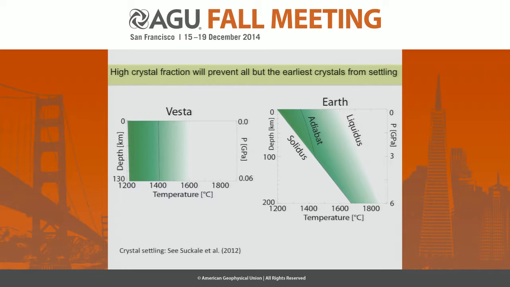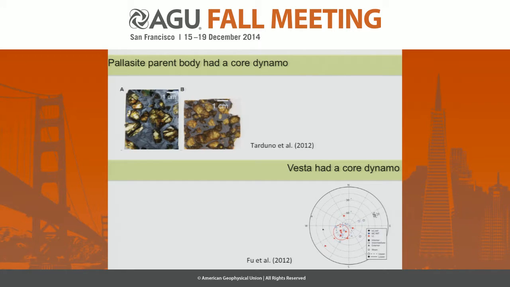And that means that it's very unlikely for the melts to fractionate efficiently and actually create any sort of monomineralic or richly enriched layer. And in fact, the interiors of these bodies are likely to crystallize in bulk and not create the vast amounts of olivine-rich material that we're really anticipating to find in the meteorites. So that's another difference from the Earth.